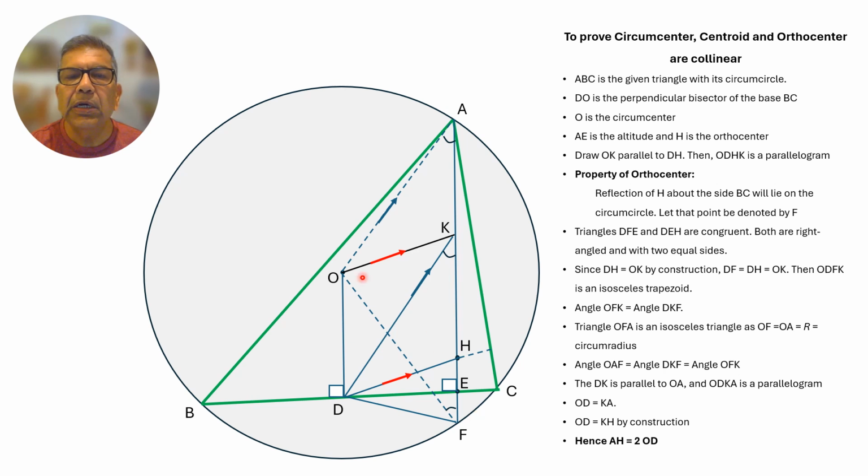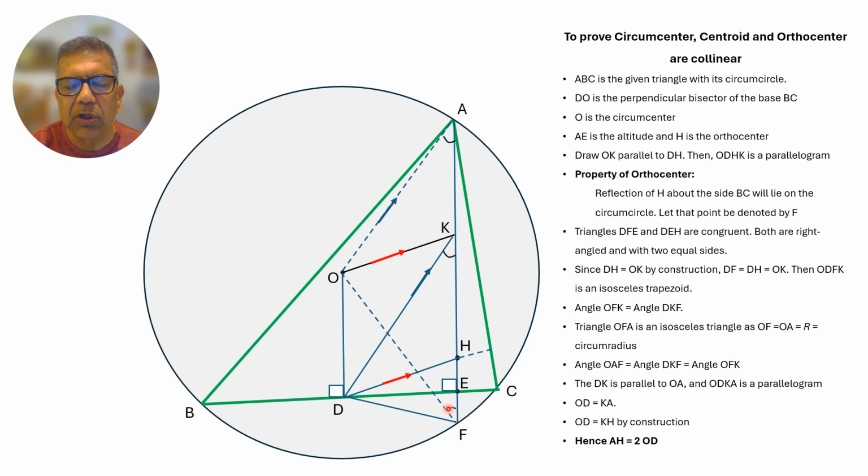Then this isosceles trapezoid has symmetry about the center line. It has almost all the properties of an isosceles triangle. That means this angle DKF should be equal to this angle here, OFK, because these two triangles are congruent.